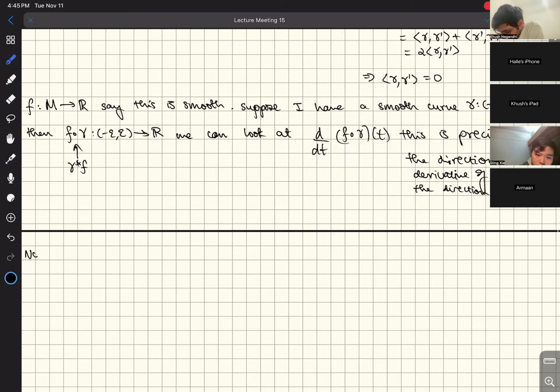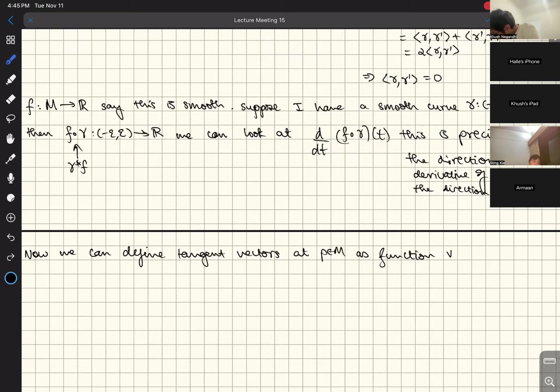So we can now define tangent vectors at P in M as functions V_P, as a function V_P that takes smooth functions on M and gives you a real number, with the property that it is linear.